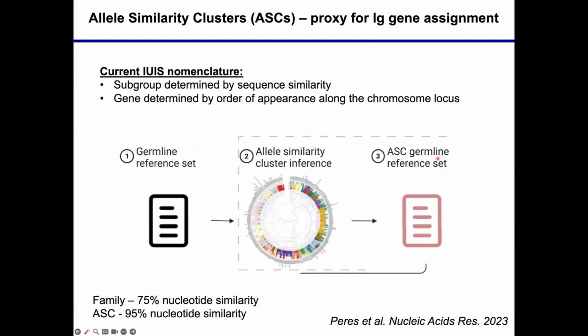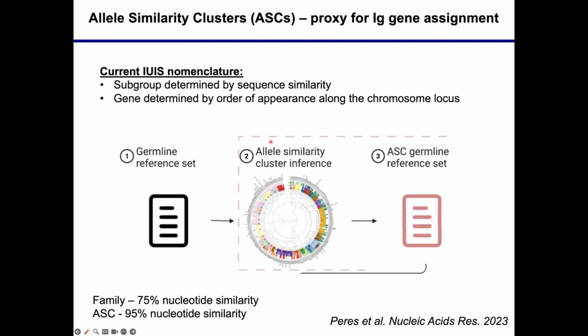Okay. Next, we wanted to try and get the beginning of a nomenclature system going for these, not a final nomenclature system. And so to do this, in lieu of having structural data available to try and give these more firm names, we used the allele similarity clustering system that had been developed by Eilert Perez and Guriari's lab, and essentially this is acting as a proxy for assigning these to actual IG genes, and instead putting them into families based on sequence similarity.